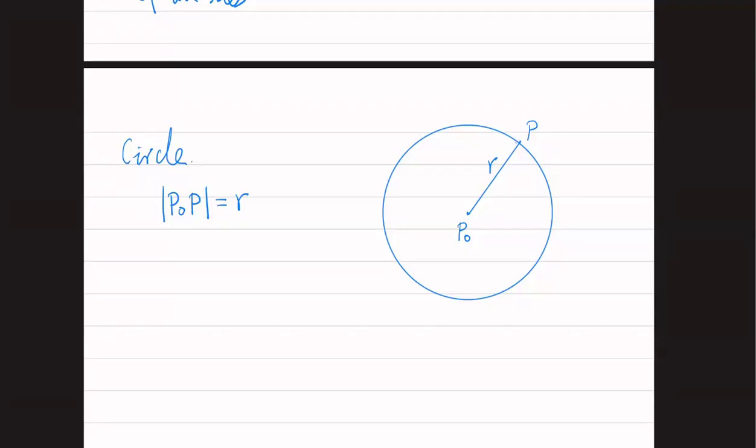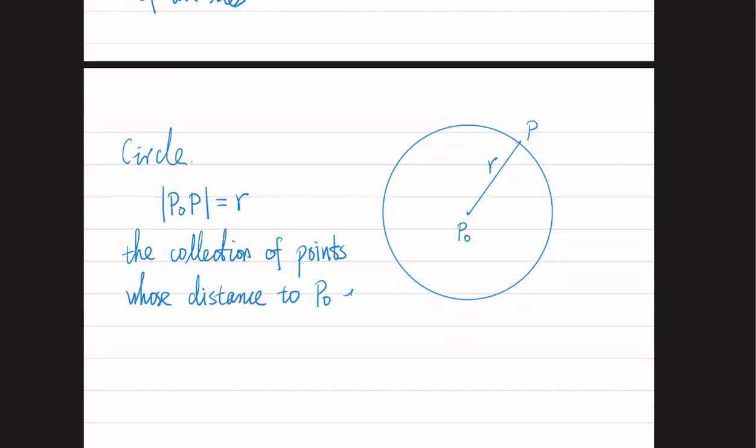That means this collection of points whose distance is r.